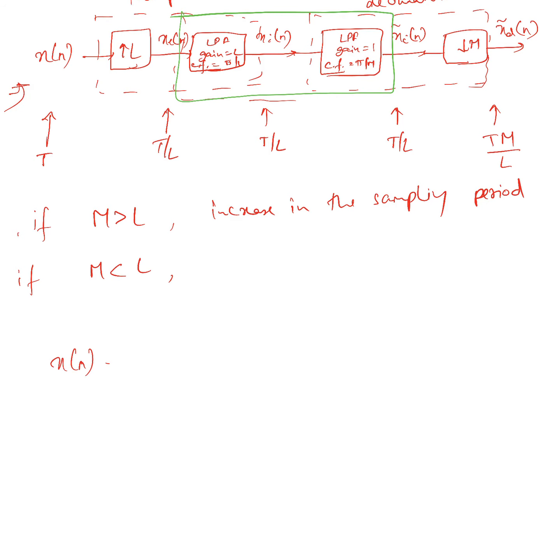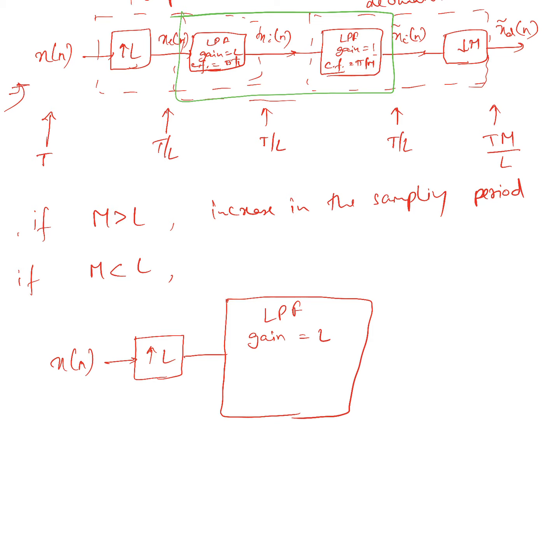This x of n is passed through the upsampler by L, and here it would be some low pass filter whose gain would be equal to L because the gain would be multiplied, and the cutoff frequency is given by the minimum of pi by L and pi by M, whichever is the minimum, depending on whether M is greater than L or L is greater than M. And finally it is passed to the downsampler by M to yield the signal x tilde d of n.